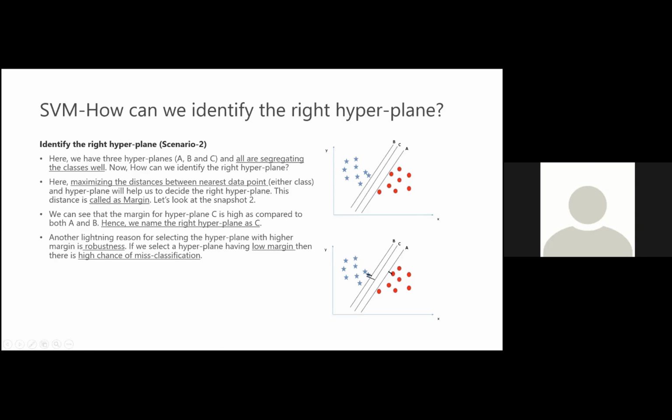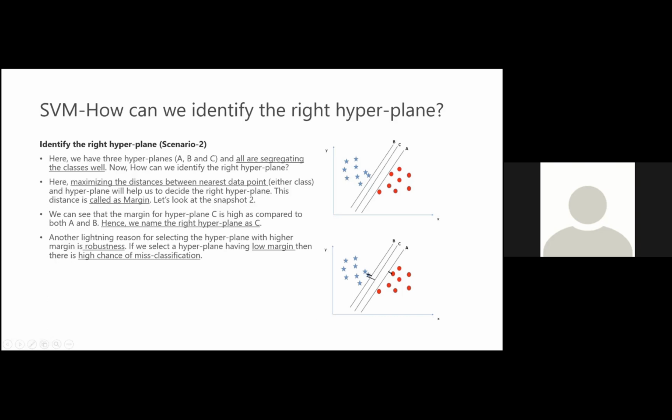The main objective is to maximize the distance between the nearest data points, which can be found by finding the margin. Here, the margin of hyperplane C is more when compared to the margins of hyperplane B and hyperplane A.